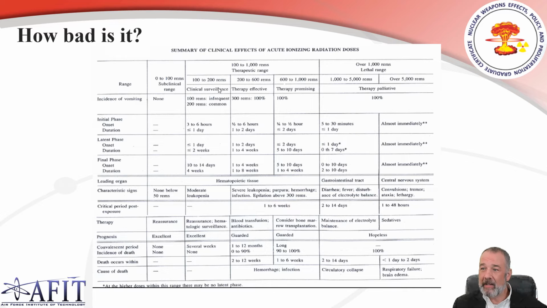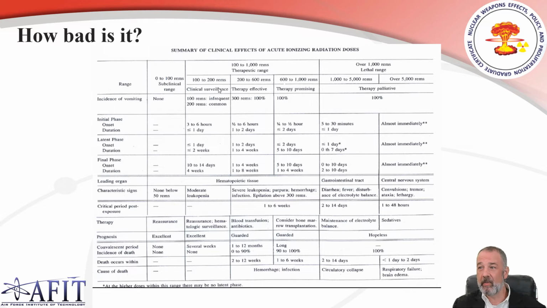In the lower end, we kind of see moderate leukemia. In the higher ends, severe leukemia, hemorrhaging, infection, some other words I don't know. So bad things. And then the critical post-exposure period is 1 to 6 weeks for the middle and high range of therapeutic doses.